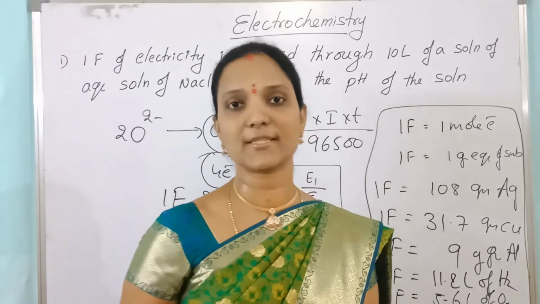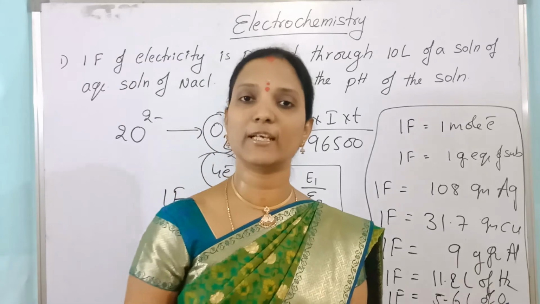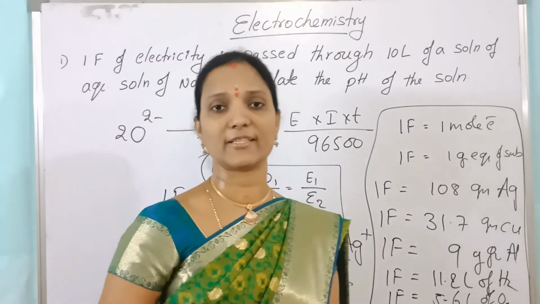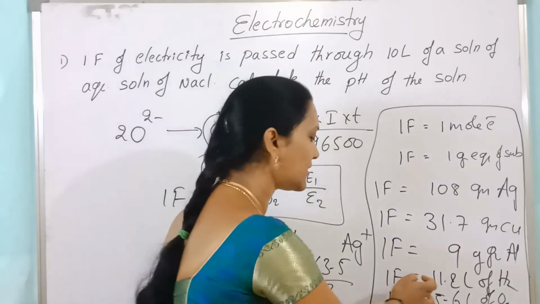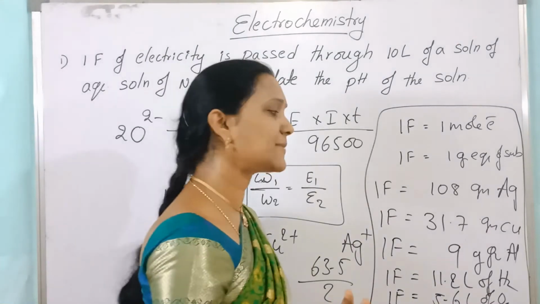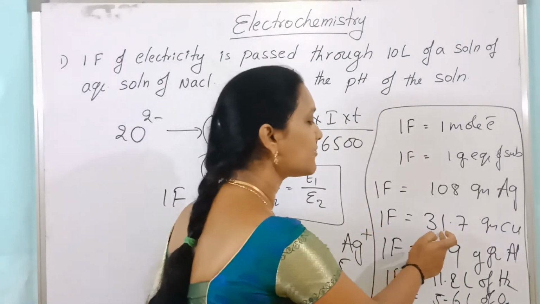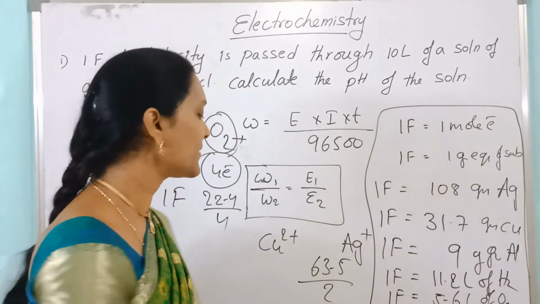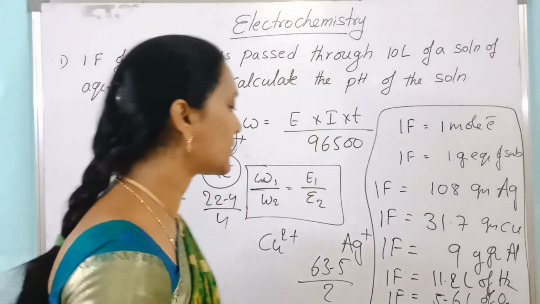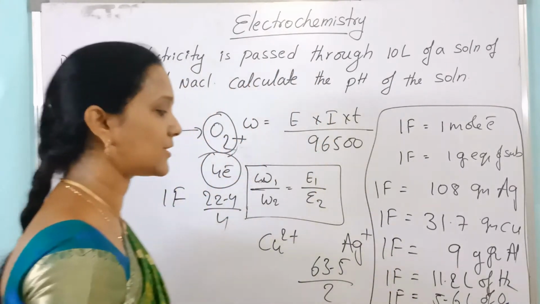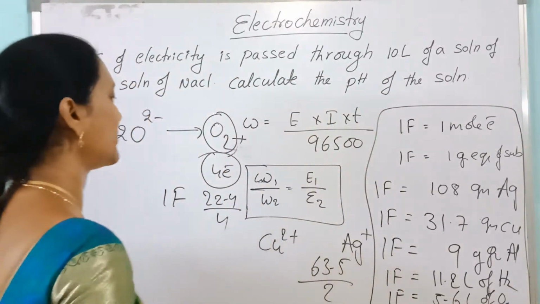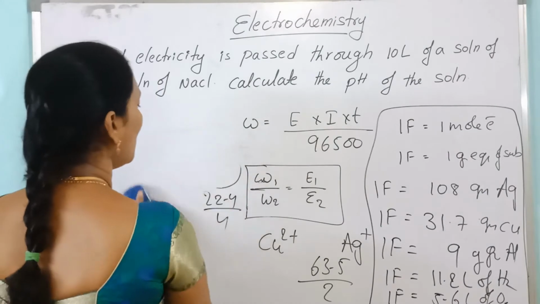That is Faraday's second law. 11.2 liters is 1 Faraday, so 22.4 liters means 2 Faradays. 1 Faraday gives 31.7 grams of copper, so 2 Faradays give 63.5 grams. So we can solve the problems without using pen and paper. 1 Faraday gives 11.2 liters of hydrogen, and 1 Faraday gives 5.6 liters of oxygen.